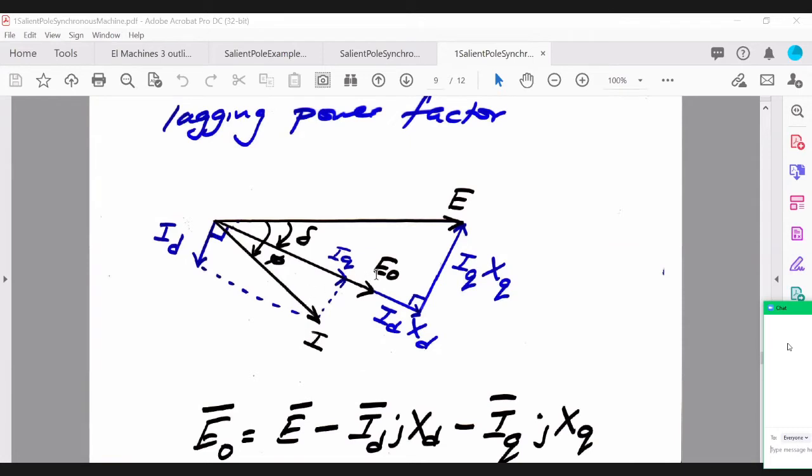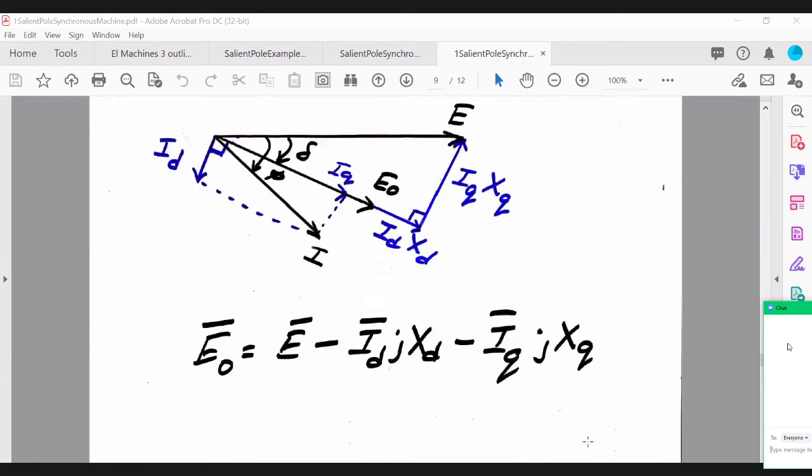And the induced voltage E naught, as we've done before, it's normally the phasor V minus the two phasors there, which is Id jXd and minus the phasor Iq jXq, right?